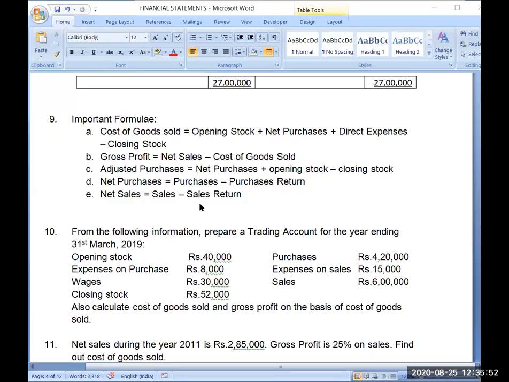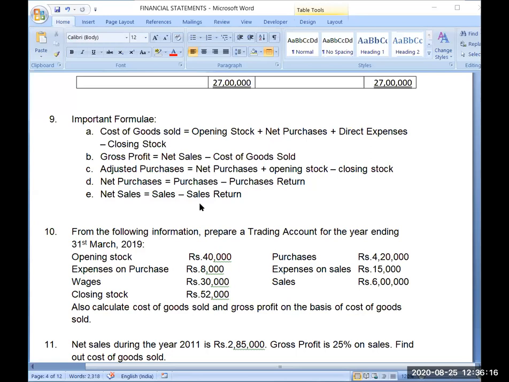So all these become the cost. Now there may be some goods which are not sold. They are still in my godown. That quantity of stock which I have not sold till the end of the year, and which remains unsold at the time of closing of the accounting year, is known as closing stock.